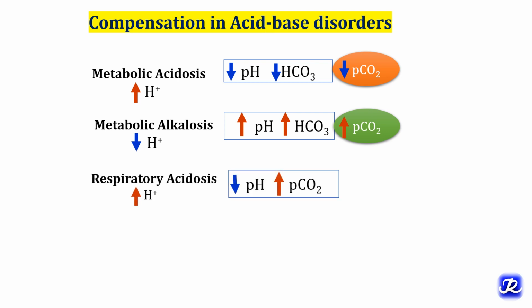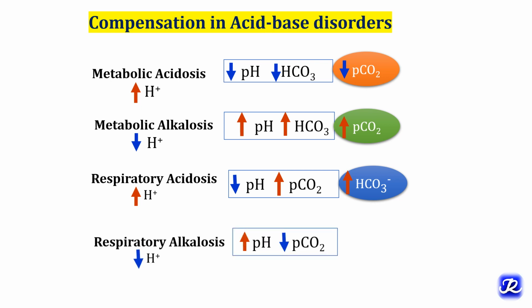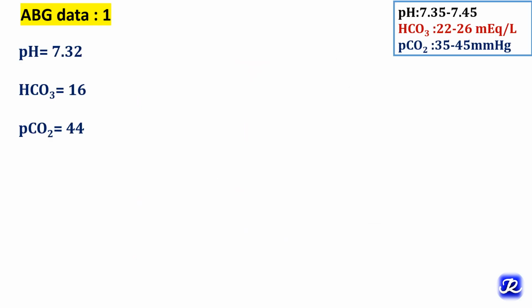In respiratory acidosis, there is an increase in partial pressure of carbon dioxide. It is compensated by the kidney by increasing bicarbonate concentration. In respiratory alkalosis, there is a primary decrease in partial pressure of carbon dioxide, and it is compensated by a decrease in bicarbonate concentration. Let's interpret the first ABG data.